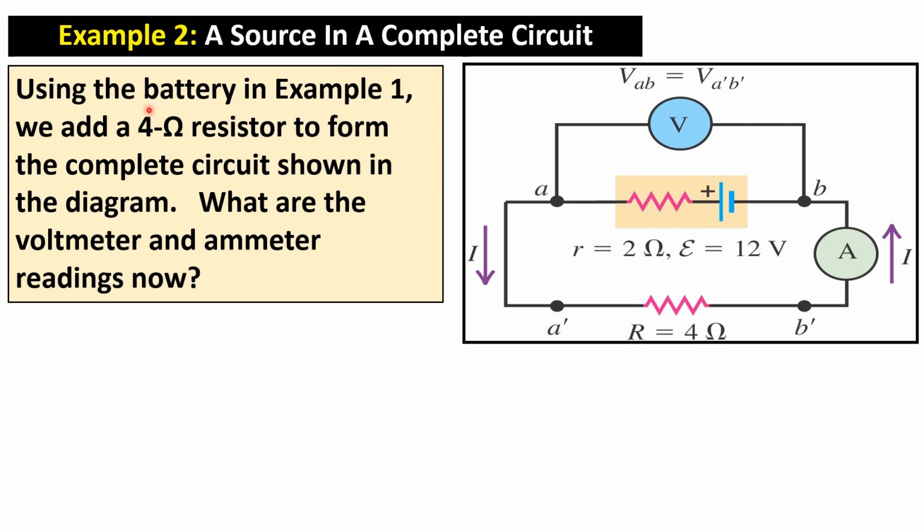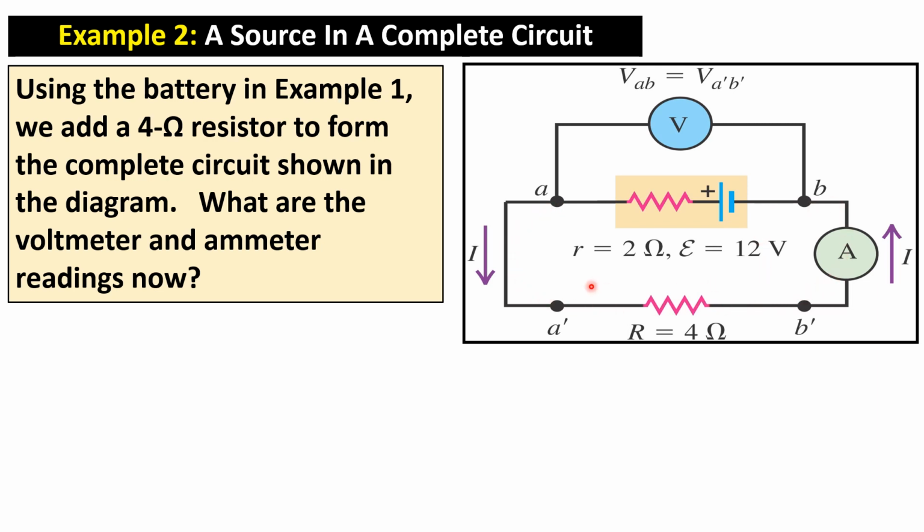So, using the battery from example 1, we add a 4 ohm resistor to form the complete circuit shown in the diagram. Here is the 4 ohm external resistor that's connected here.